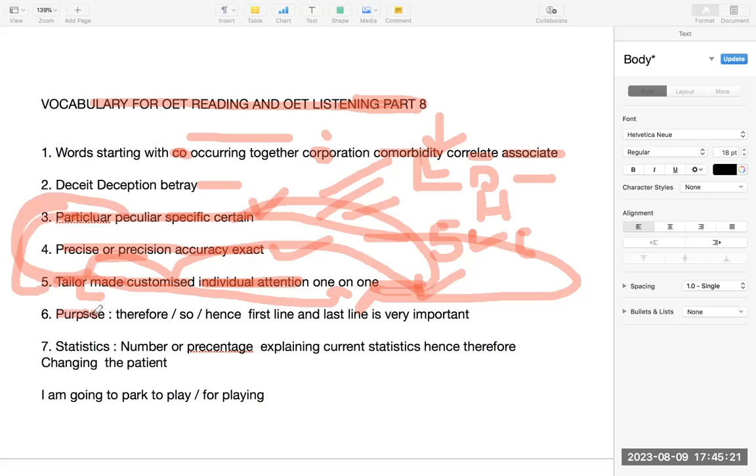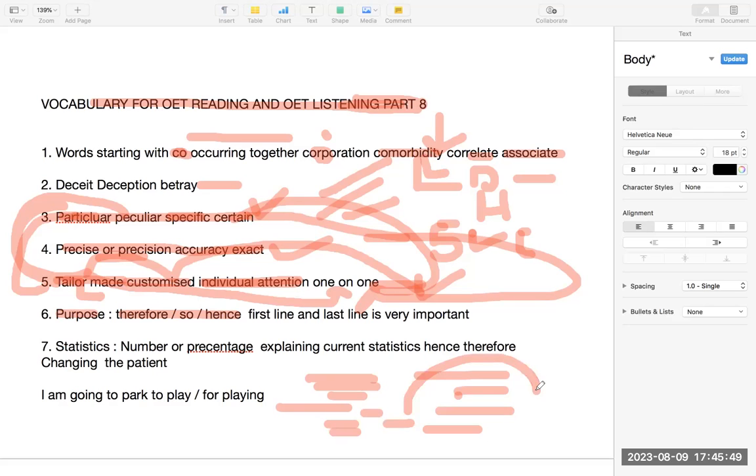Purpose questions will never be done by the elimination method. Sometimes it would be, but in purpose questions all 4 options would be right. But words like therefore, so, hence will help you to find the purpose. Suppose there is a whole story given, like in today's, a report was given that respiratory depression is happening, 5,000 cases are there. It is therefore recommended to change the way of dealing with the patient.